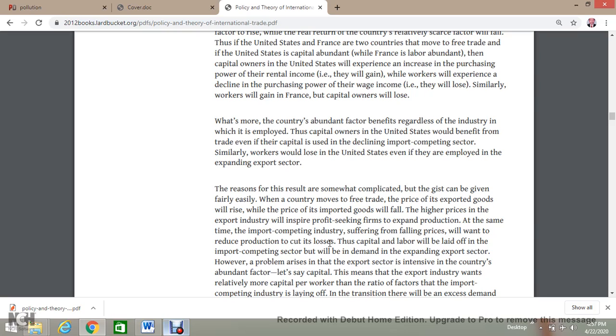As the price of these commodities increases, there will be more demand for capital goods, and the capital owners will gain the profit.